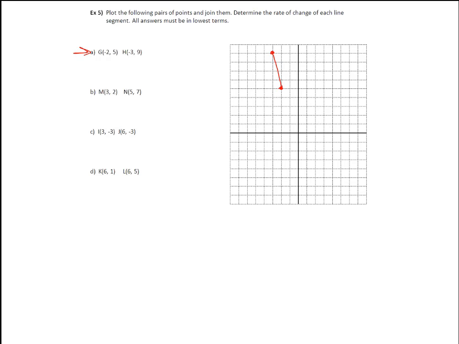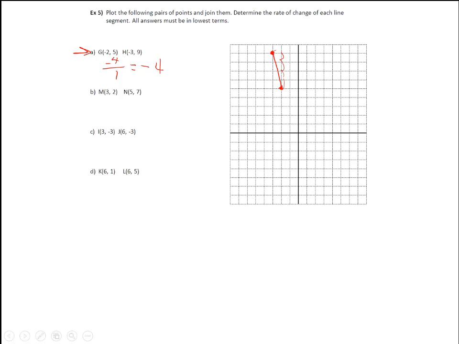There it is. And then I just count the rise over the run. Well, the run is just 1. Then it's down 1, 2, 3, 4. So the rise is -4 over 1, which just equals -4. Sorry, the rise is -4 because we're going down 4 and we're going over 1.